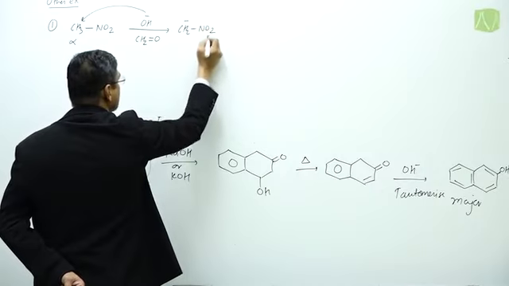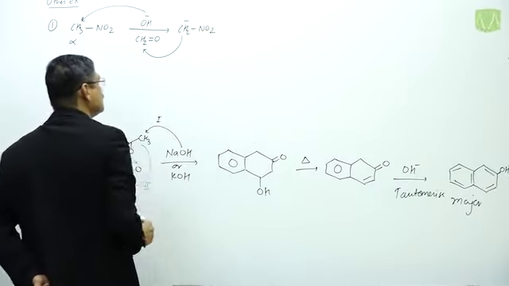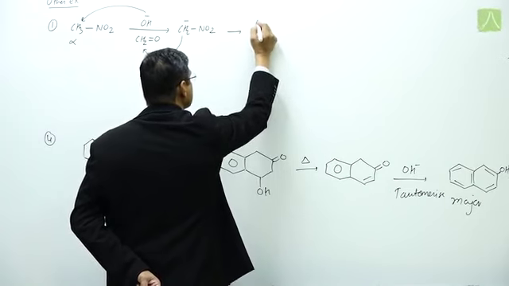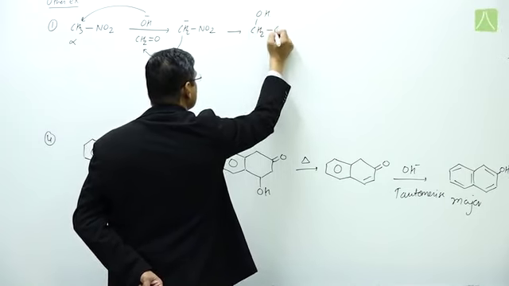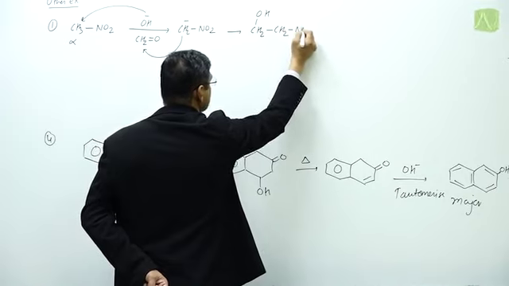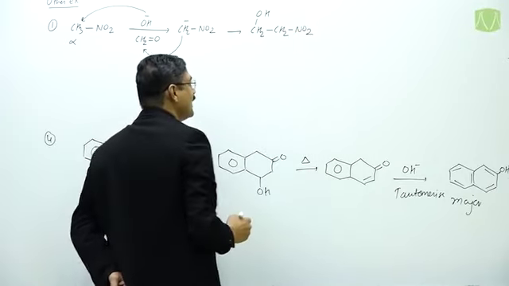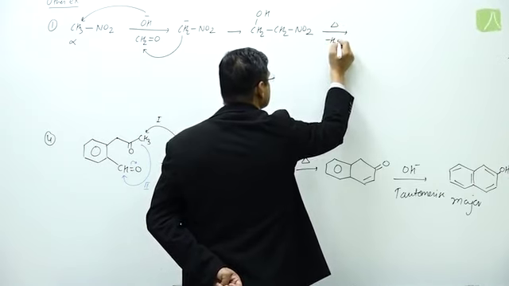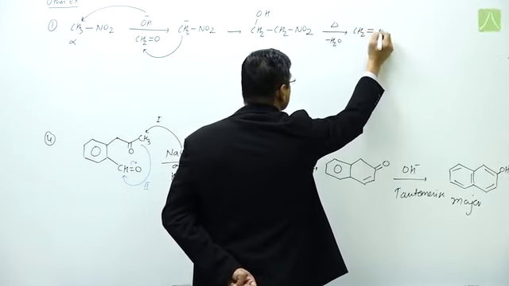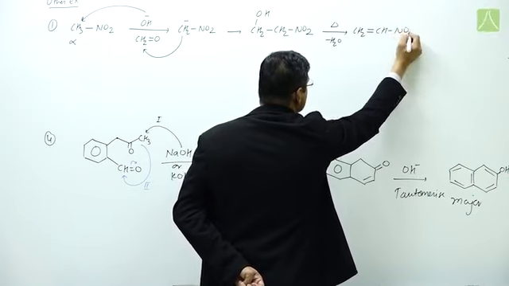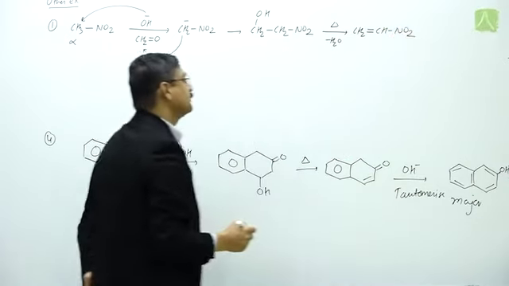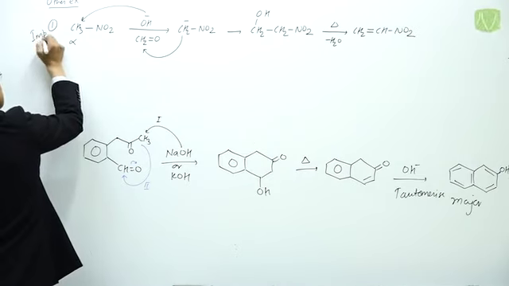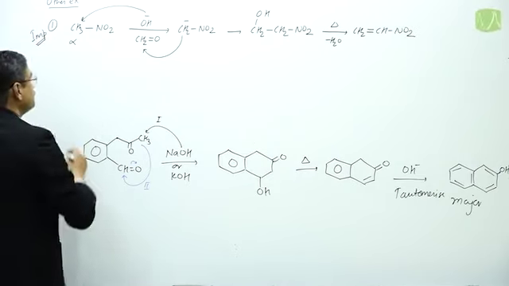So a nucleophile is obtained, and this nucleophile adds to the carbon. So CH2OH, CH2NO2 is obtained as a nitroaldol, and on heating, dehydration takes place and an alpha beta unsaturated compound is obtained. This is an important example from the exam point of view.